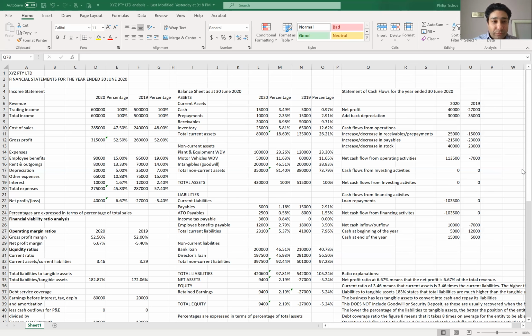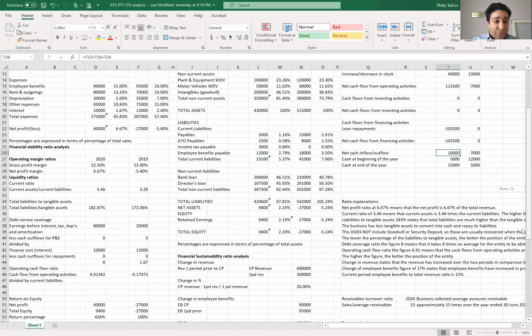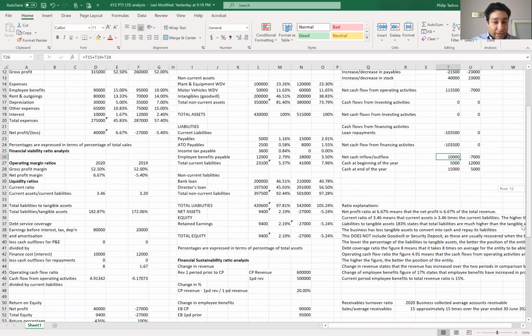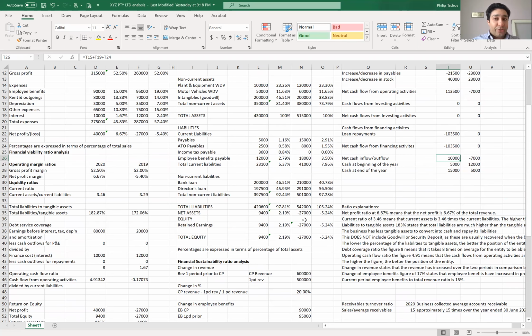Okay, now let's get into the ratio analysis. So I've prepared some figures here and some explanations, which we'll go into in a little bit of detail later on. But now, ratio analysis can be split between a company's financial viability and financial sustainability.